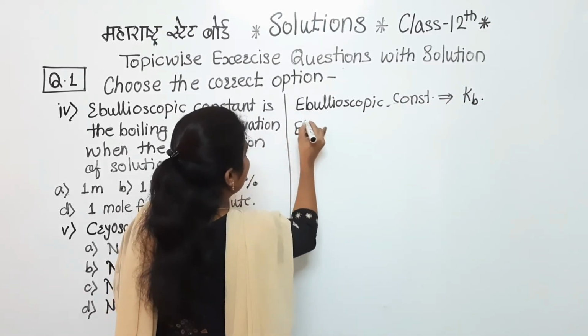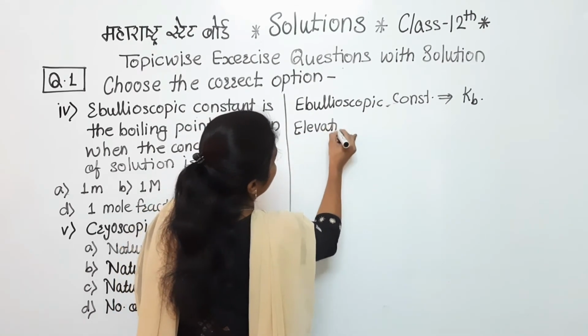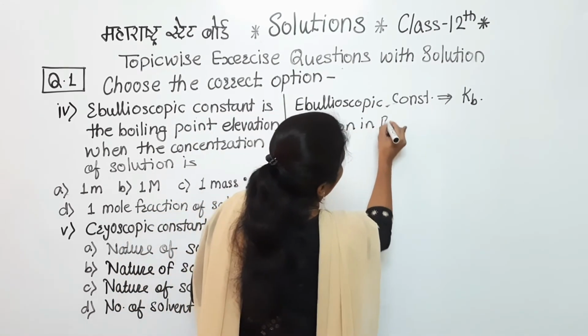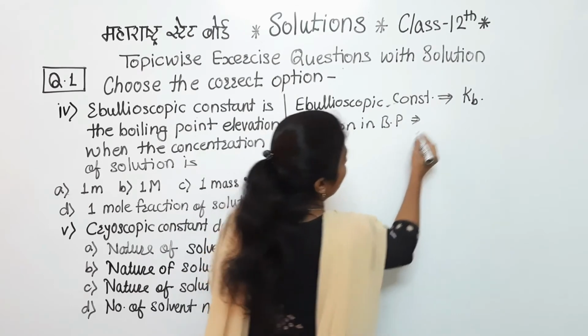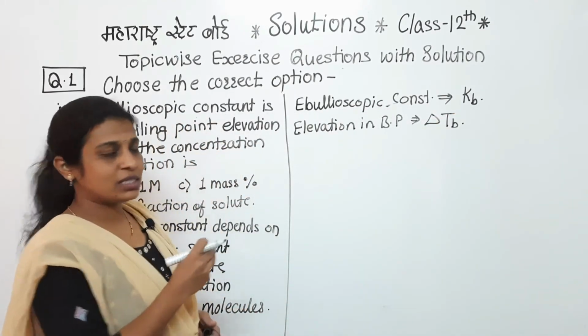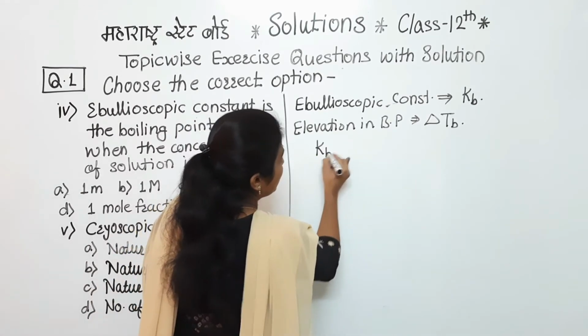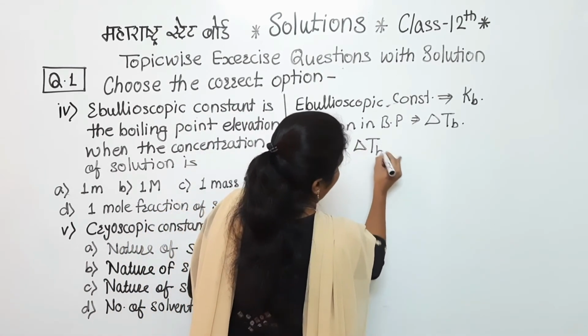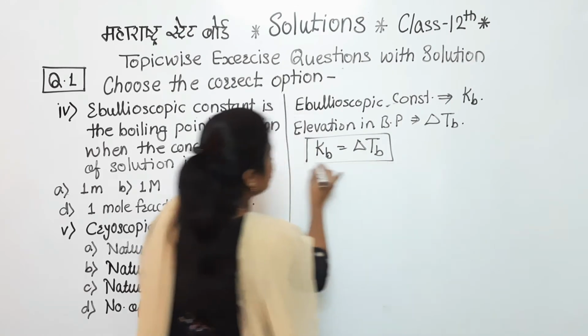Elevation in boiling point is denoted by the symbol delta Tb. Now what is the relation? The question is when Kb is equal to delta Tb.